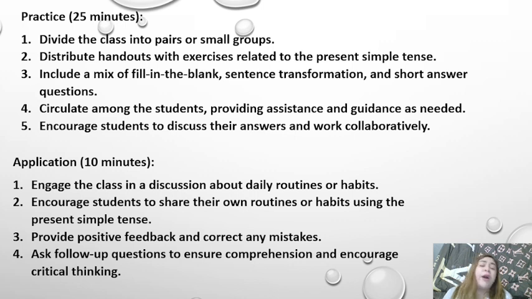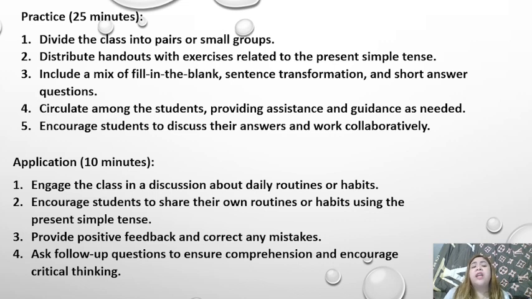In this part, you can also try to divide the class into pairs or small groups, like what I will do. And then distribute handouts with exercises related to the present simple tense. You can also include a mix of fill in the blanks, sentence transformation, and short answer questions.